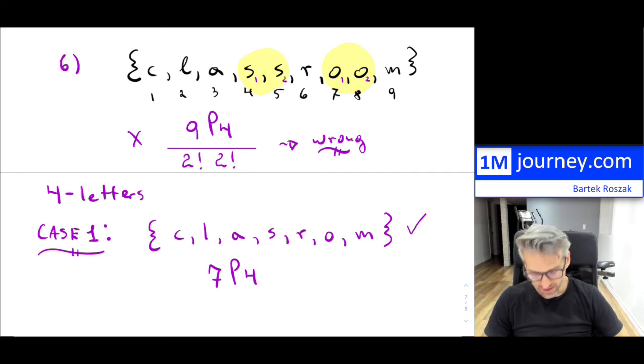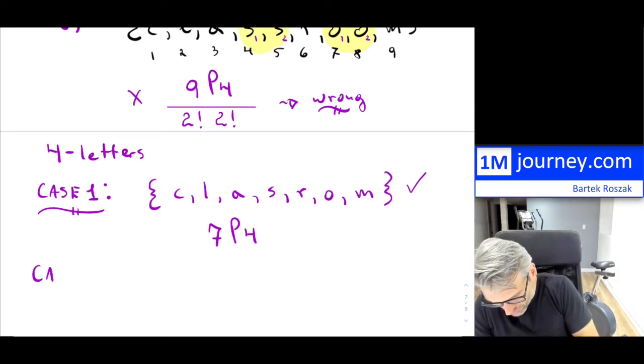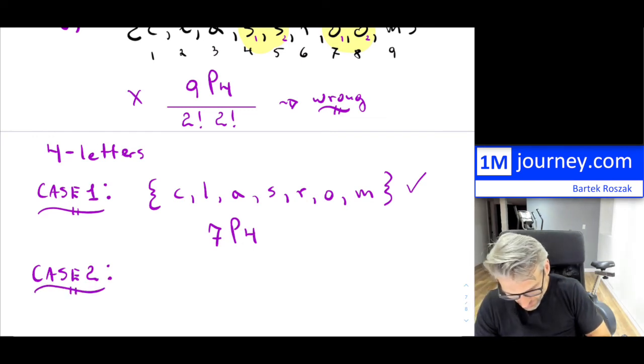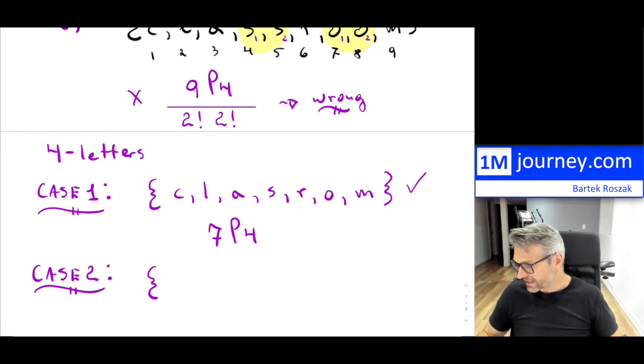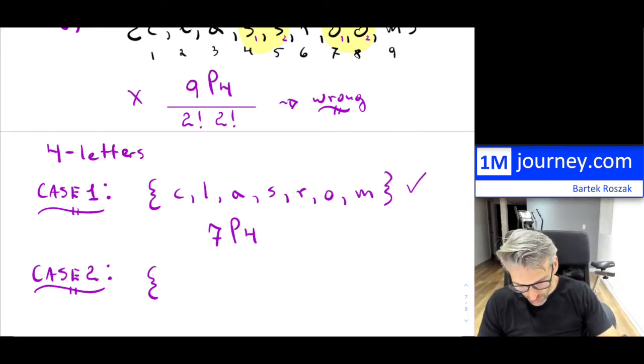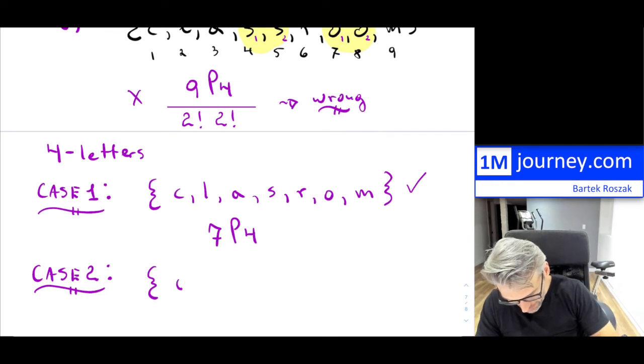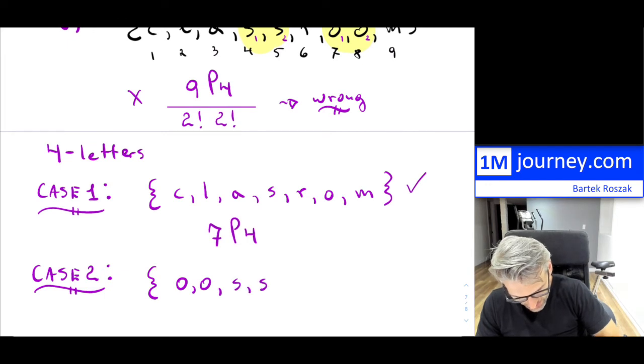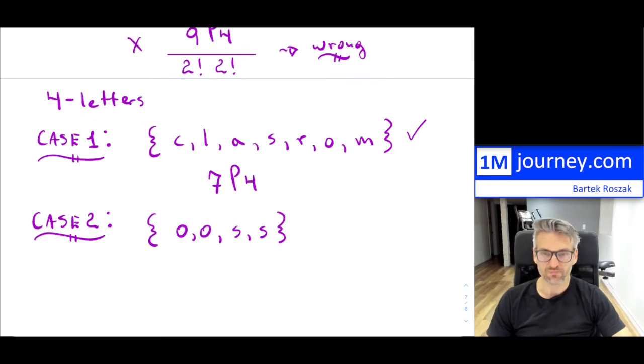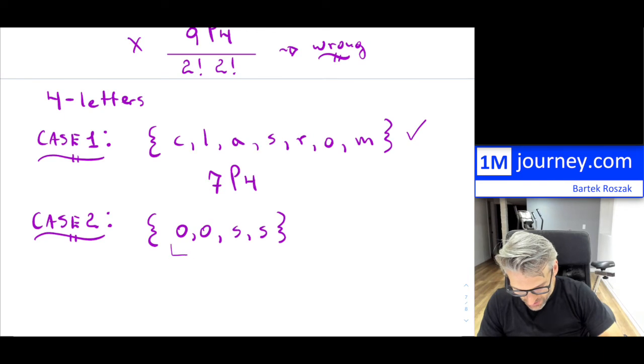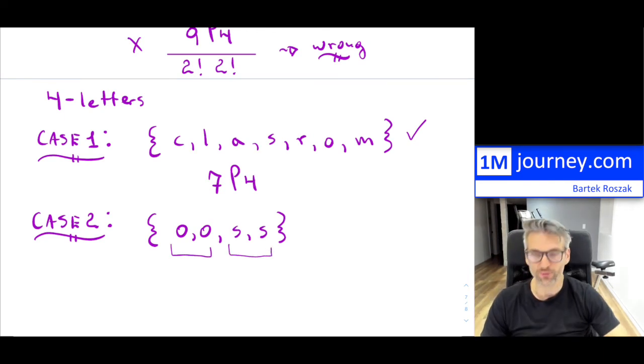Now, case number 2. Now I'm going to start picking off all the cases, and let's say they are repeating. So what if both of them repeated? So I had an O and an O, and an S and an S. Well, if I'm choosing 4-letter words, in this particular case, and I only dealt with these, in how many different ways can these be rearranged?